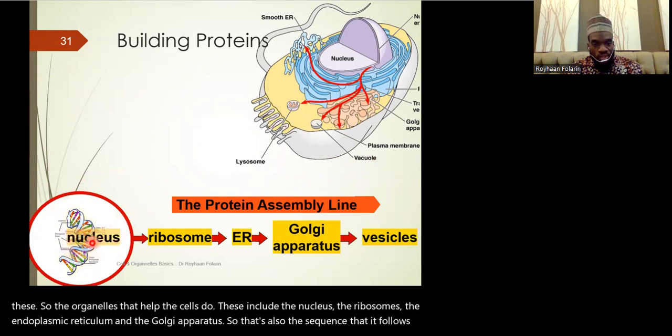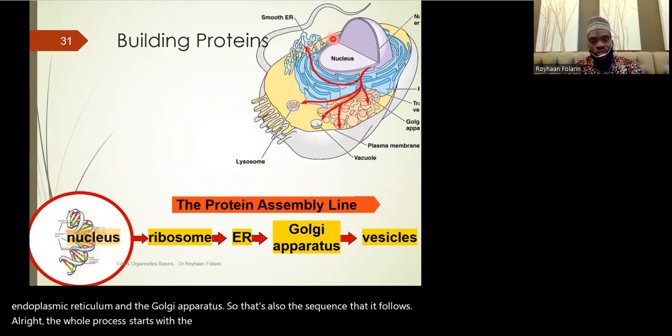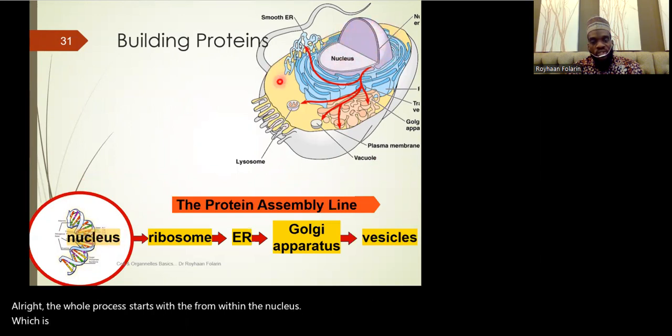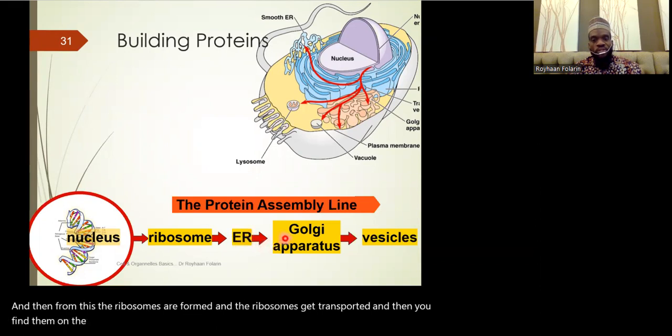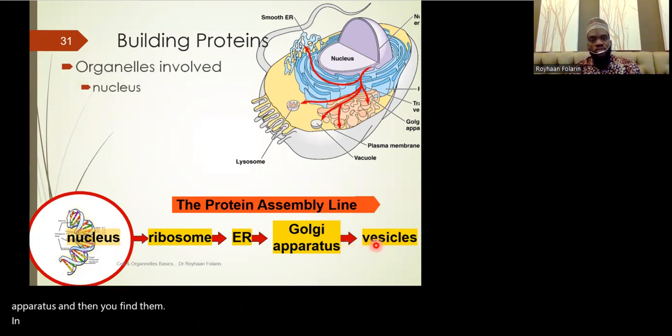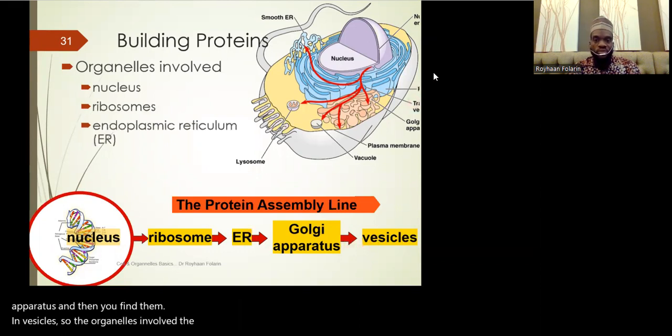All right, the whole process starts from within the nucleus, which is the central organelle within the cell, and then from this, the ribosomes are formed, and the ribosomes get transported, and then you find them on the endoplasmic reticulum, and then they get transported through the Golgi apparatus, and then you find them in vesicles. So the organelles involved are these, as has been illustrated in this image here.